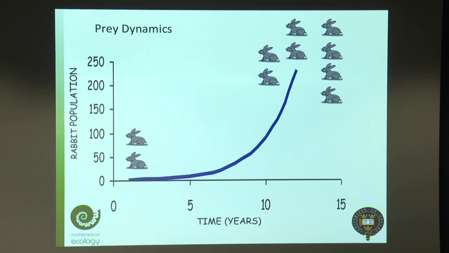If R is positive, so there's positive birth, R greater than 0, then the population of rabbits, in this case, will grow exponentially, unbounded. That's all we expect to see when the predators are not around. The population of rabbits will just continue to expand through time, forever.